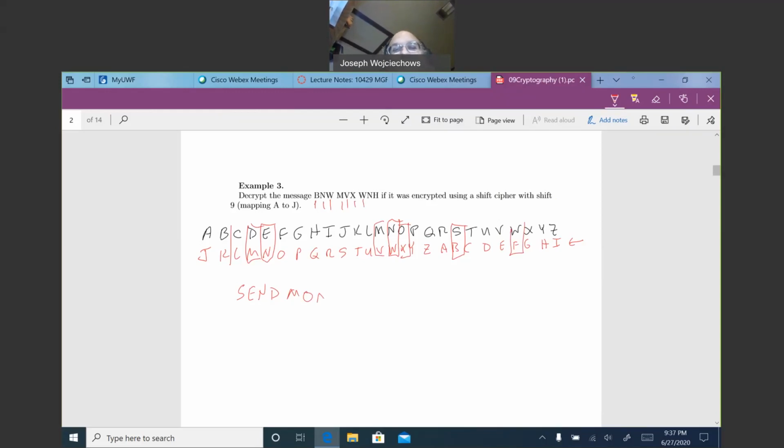Which is an N again, right here. Then we have an N, which is an E again. And then we have an H, which is all the way down here, which is a Y. Send money.